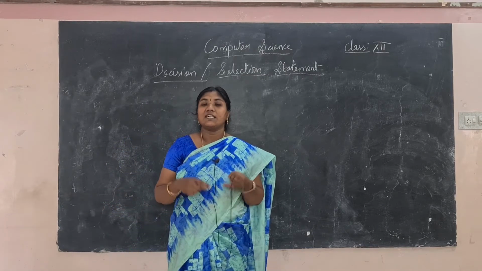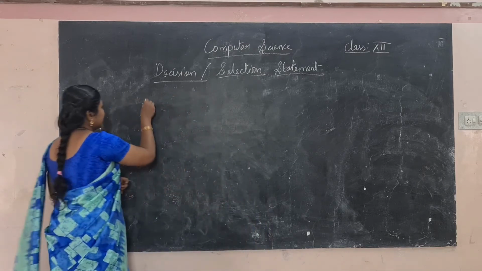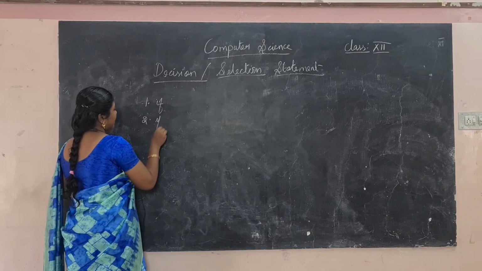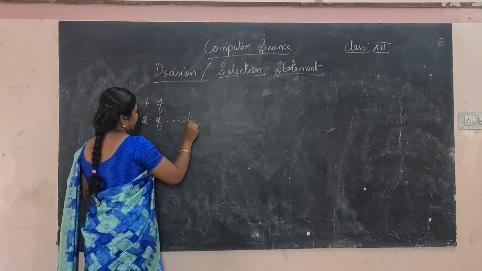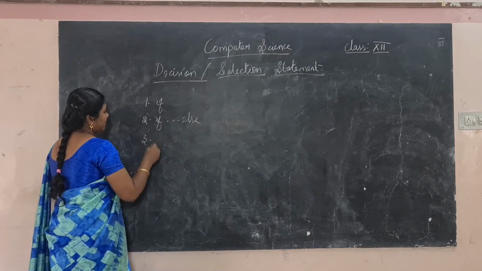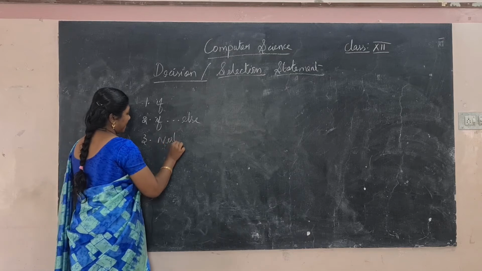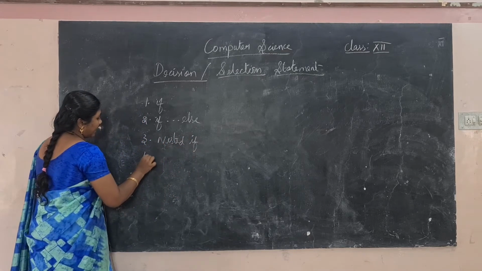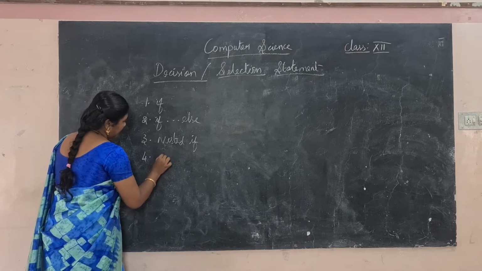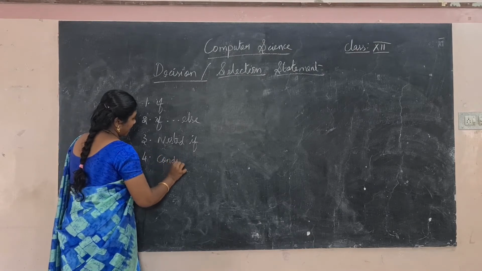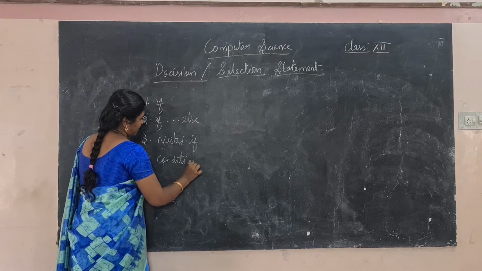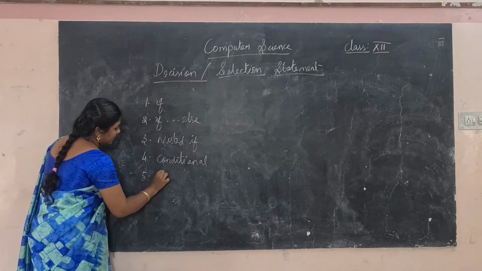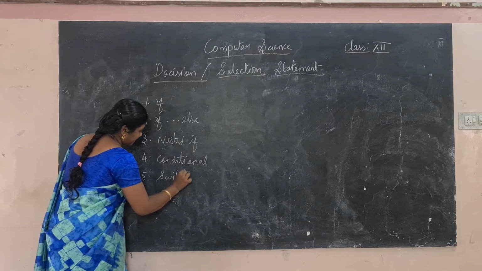The first one is the if statement, the second is the if else statement, the third is the nested if statement, the fourth is the conditional statement, which is the alternative to if else, and the fifth is the switch statement.